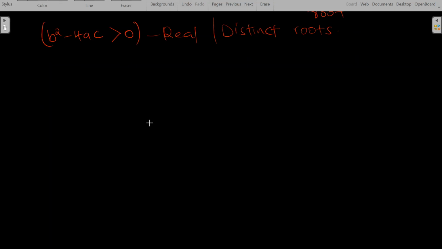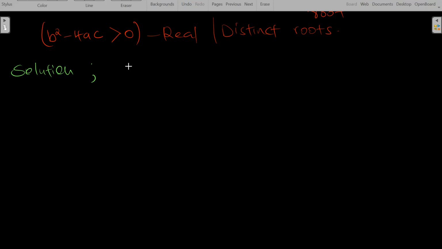Now, what will be the solution of that general second order ordinary differential equation if it has real roots?